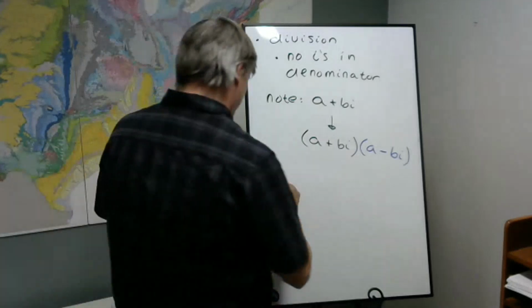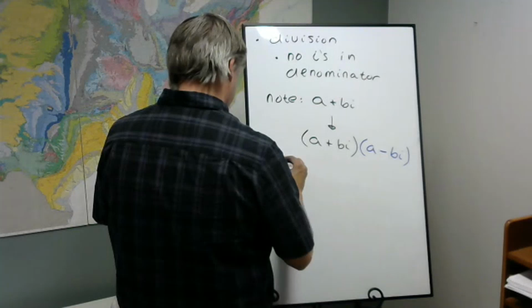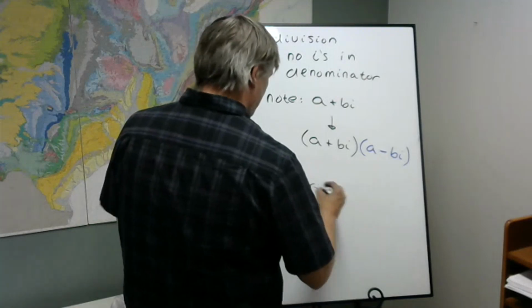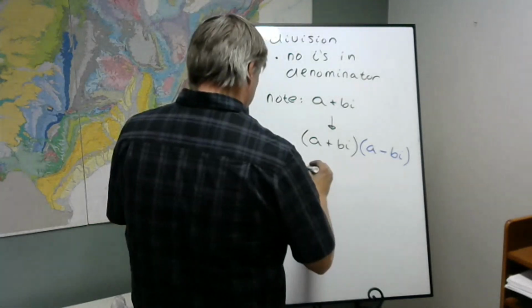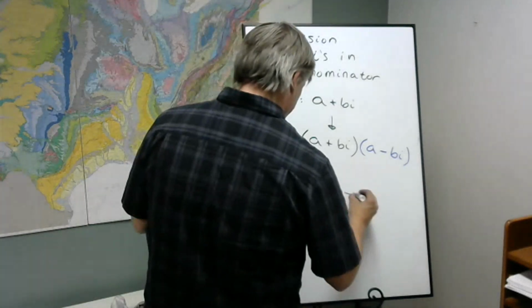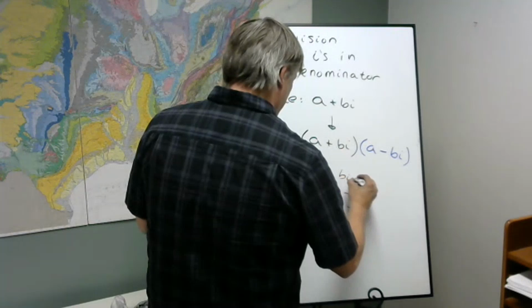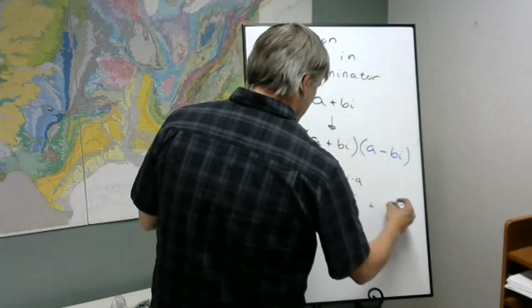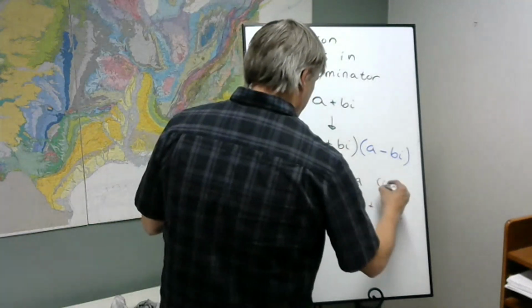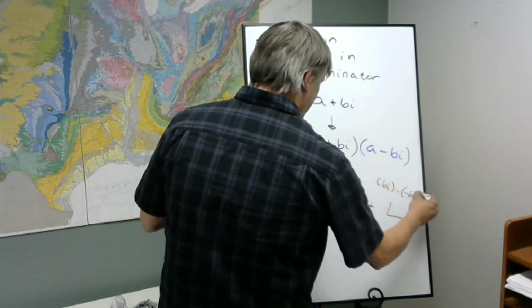Well, let me show you. a times a, a times minus bi, and then inner will be bi times a, and then bi times negative bi.